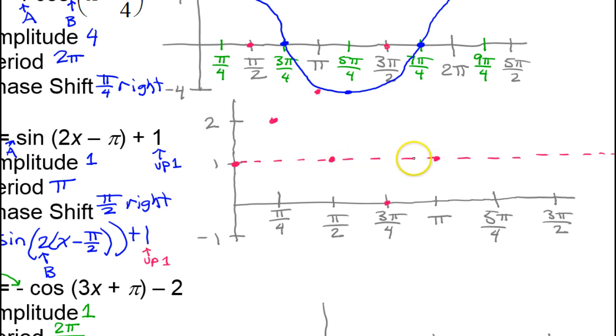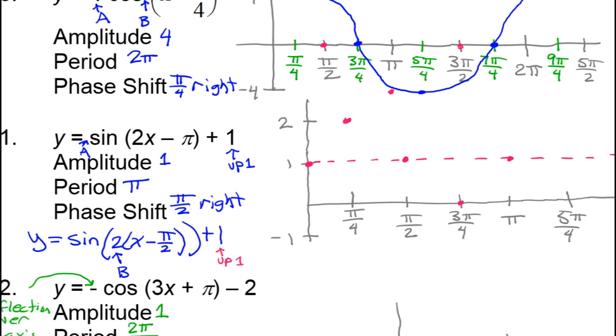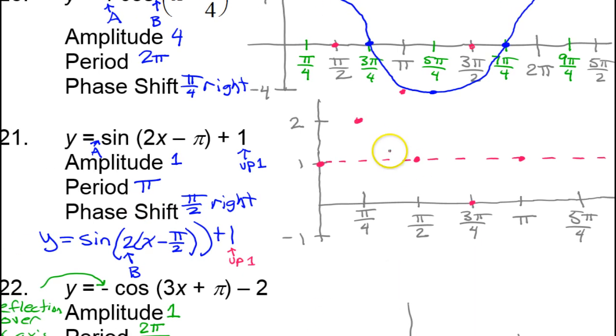That is one period. And see how it ends at pi? Well, that makes sense because for this problem the period is pi. Now, this is what the graph would look like if there was no phase shift.